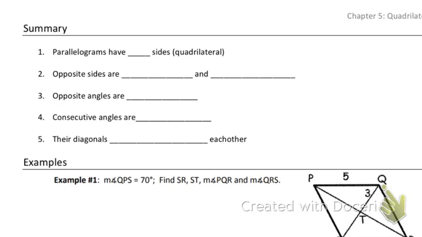All right, quick summary. Parallelograms have how many sides? 4. Nice job. Opposite sides are blank and blank. Parallel and congruent. Perfect. Parallel has two L's because it makes it parallel. And congruent.